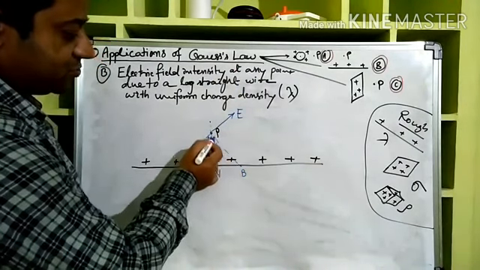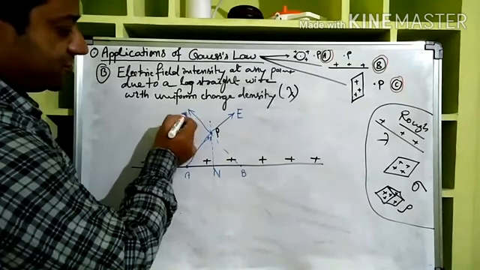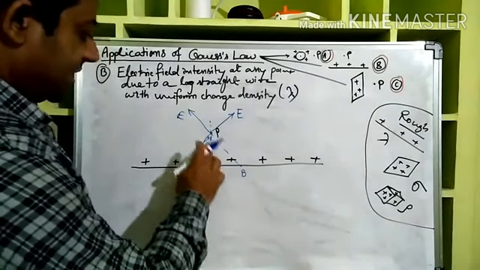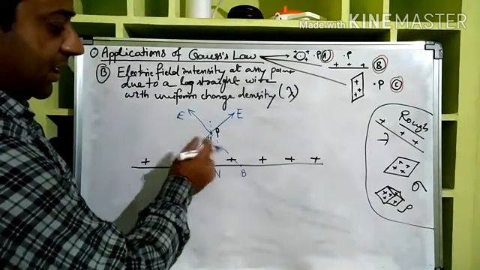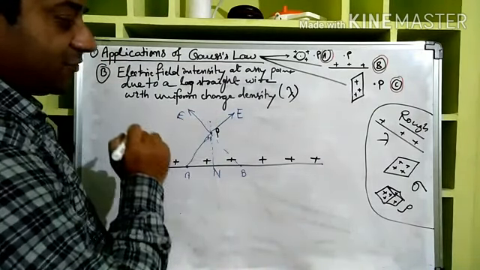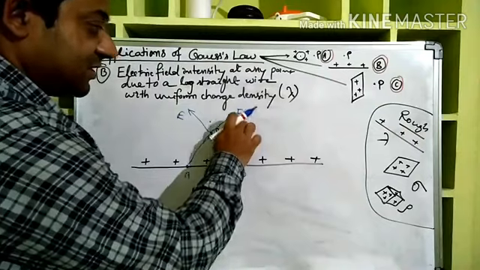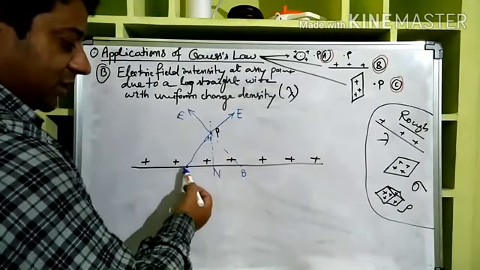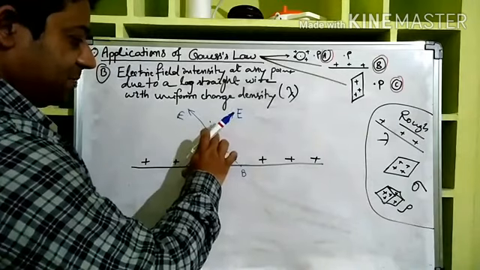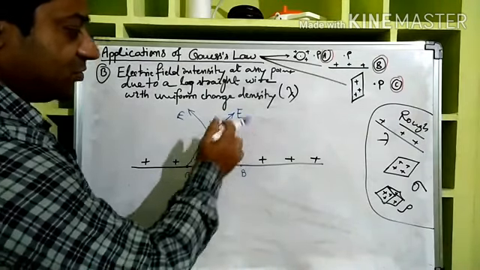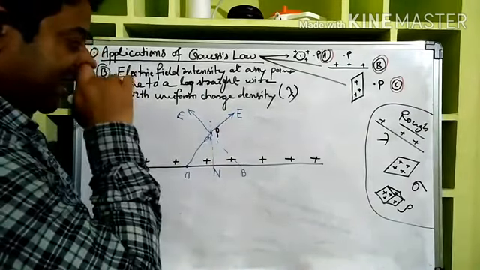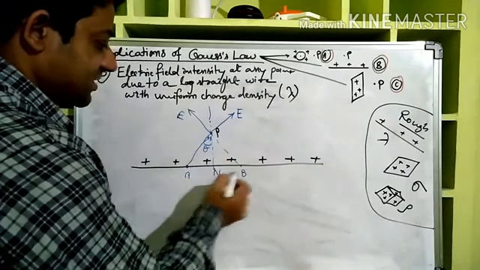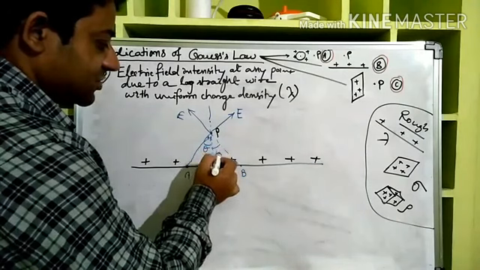And due to B also there will be a force, and that is E only, because since AN is equal to BN, AP also will be equal to BP. The formula is 1 by 4 pi epsilon naught Q divided by AP square, here BP square. Since AP is equal to BP, E also will be the same, right? Let us say this angle is theta. Since AN is equal to BN, this angle also is theta.